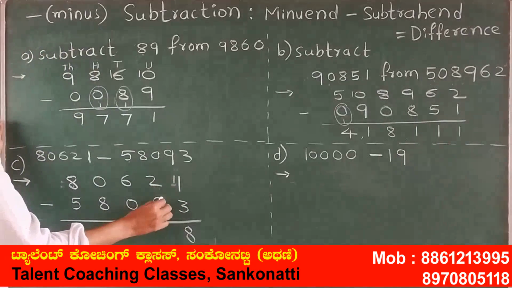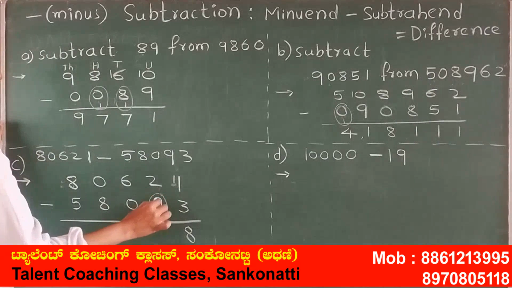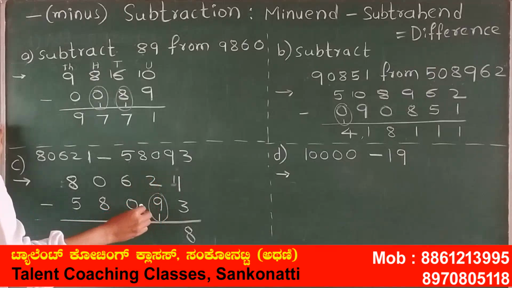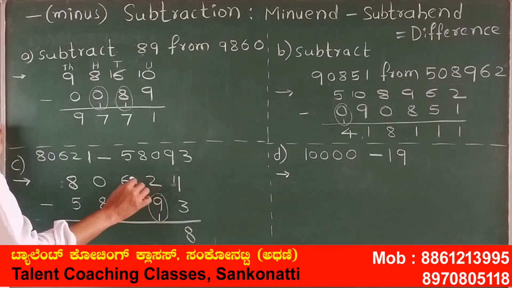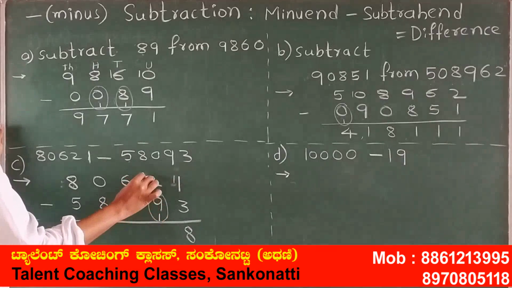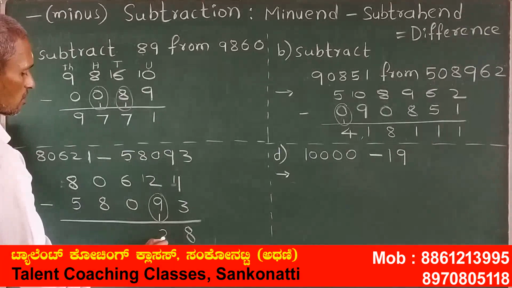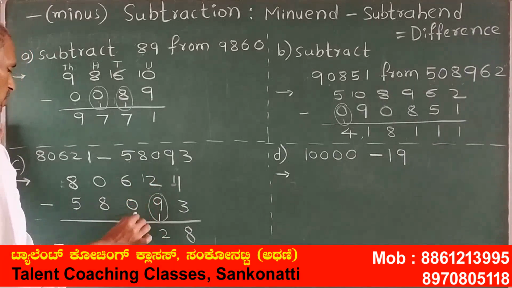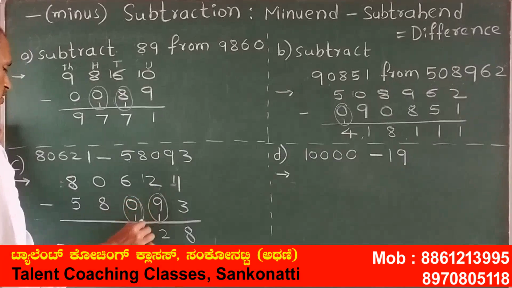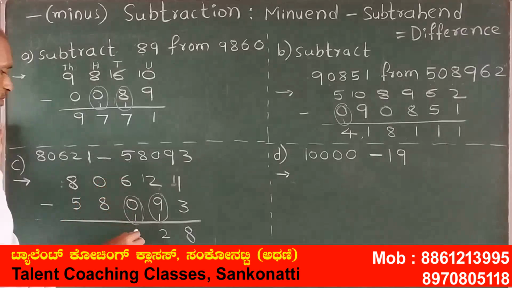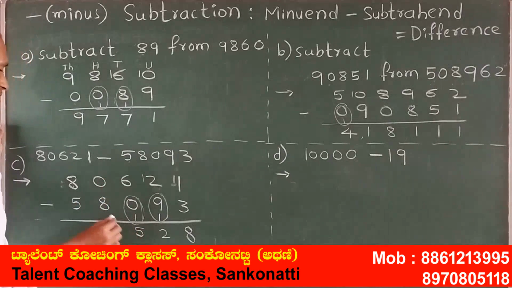The carry should be given there. Now 9 plus 1 is 10. Once again we cannot subtract 10 from 2. We will take a borrowed carry. It becomes 12. 12 minus 10 is 2. And this one is given there. Now 0 plus 1 is 1. 6 minus 1 is 5.